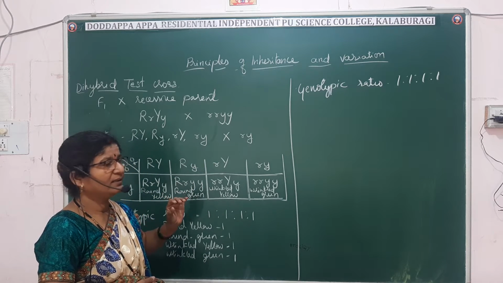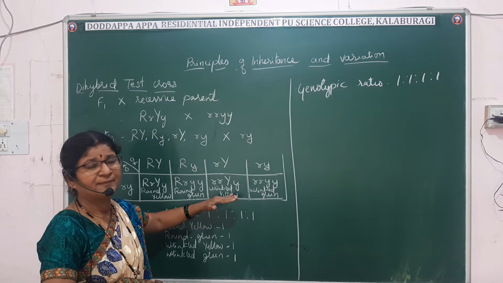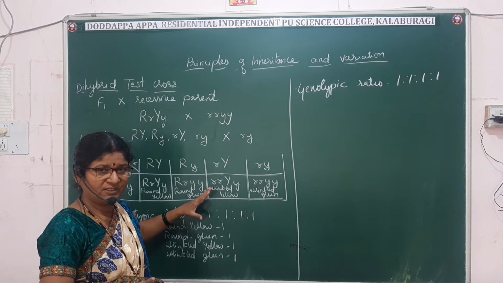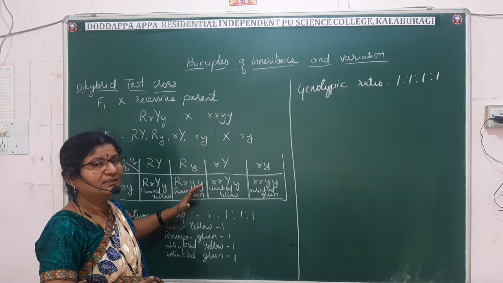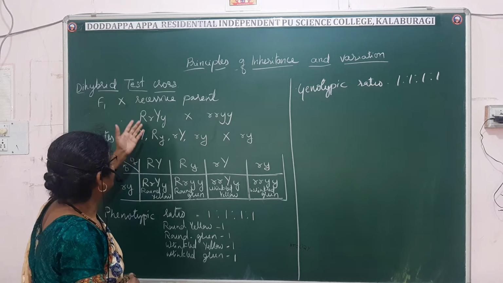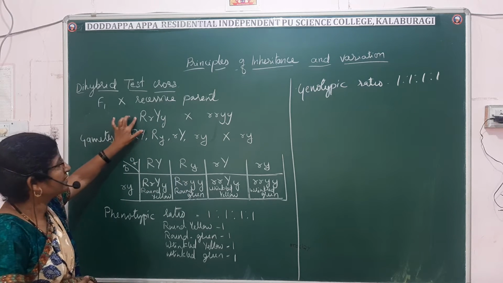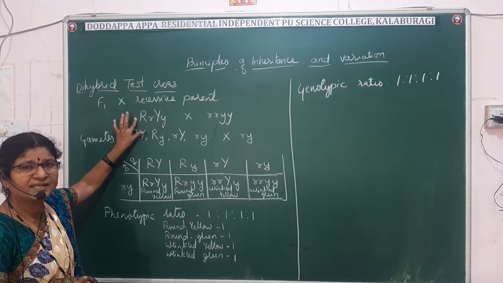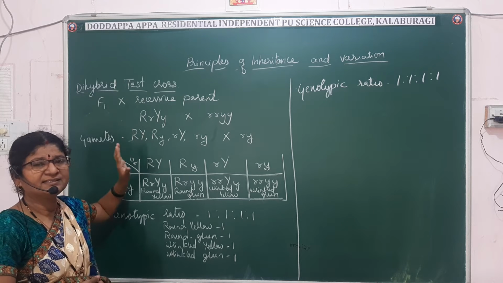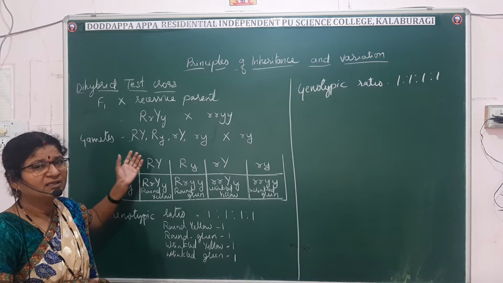So when you get all 4 types of plants in the progenies, then we have to understand that the individual which is under test is heterozygous in condition. That is, it is heterozygous for the given condition.